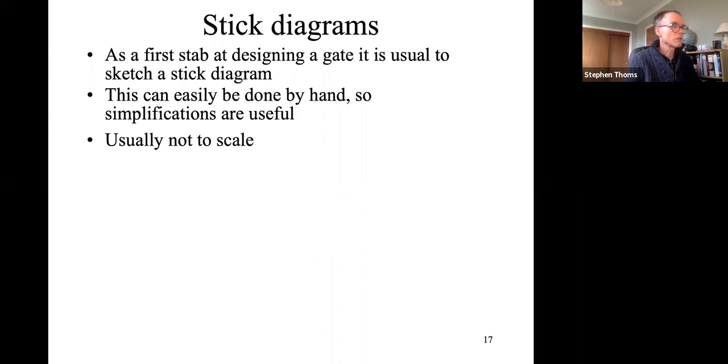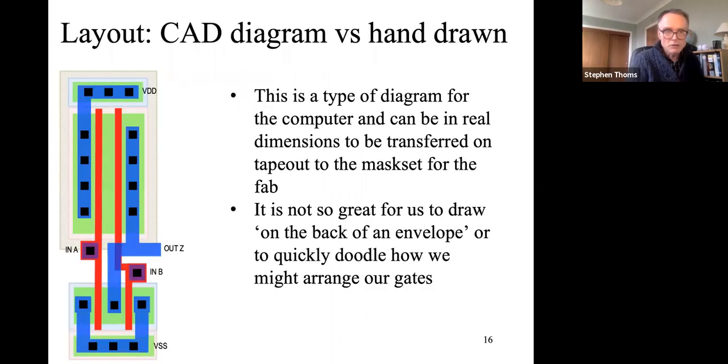Somebody's just asking about the previous one. Can you switch VSS and Z without issues? You can certainly swap them. So you're saying, could this one here be VSS and these ones here in principle could be Z? I think the answer is yes. You would have to rearrange the way you've drawn this.